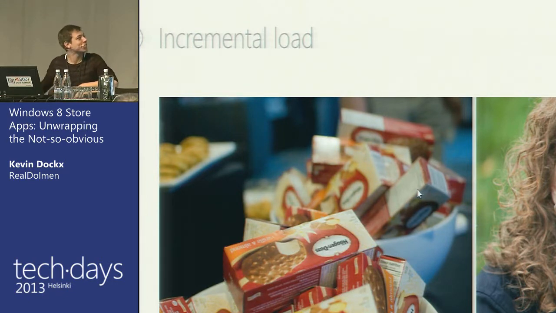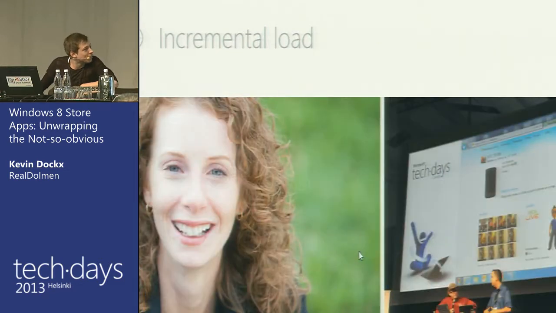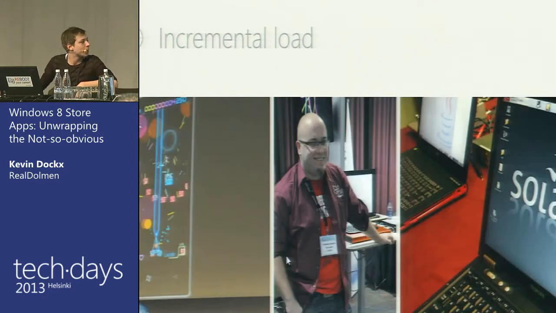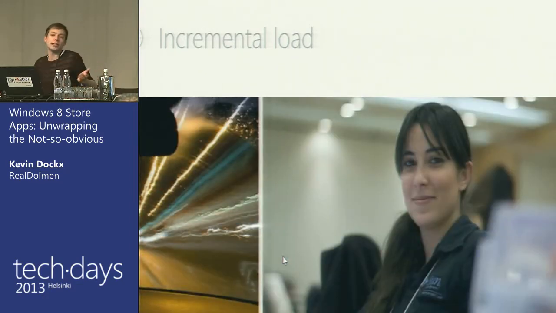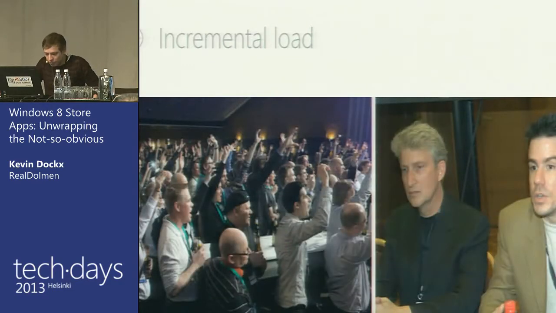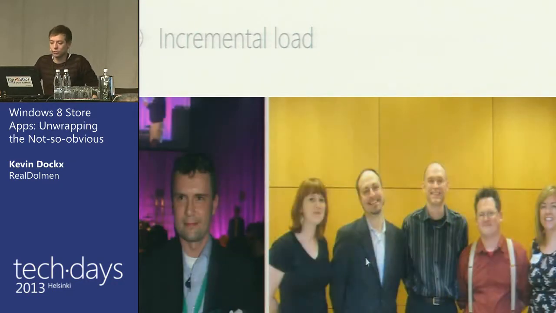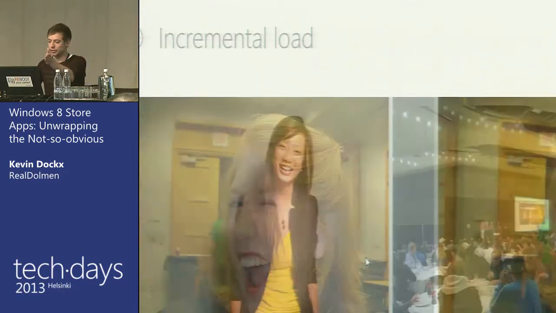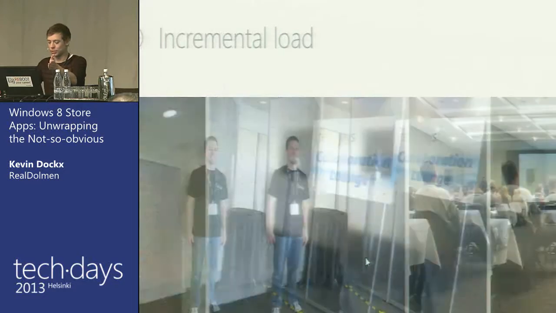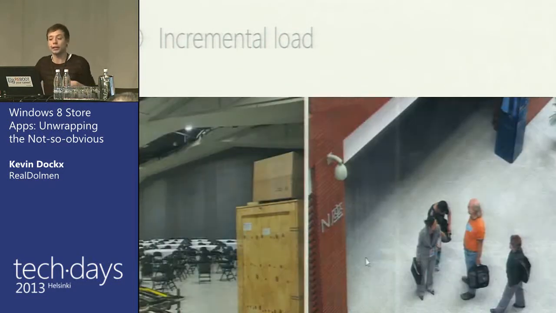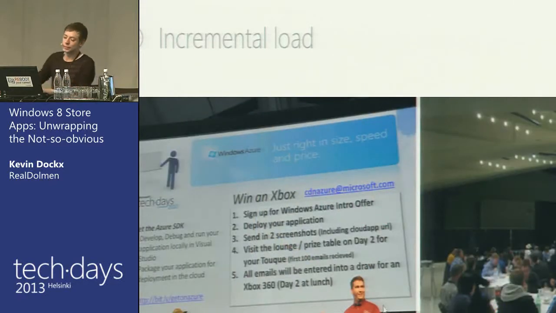These are all pictures on Flickr tagged tech days. And, well, obviously that's a lot. So we can just continue and just keep an eye on this one here. So just continue to scroll. Once I reach the end, you will see that it automatically keeps on loading stuff. And I can go on for a while here.